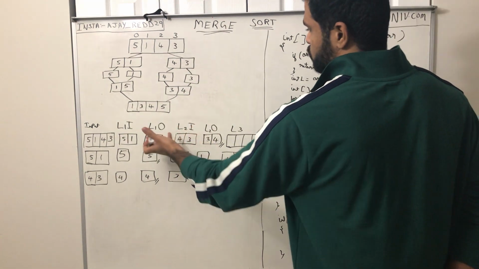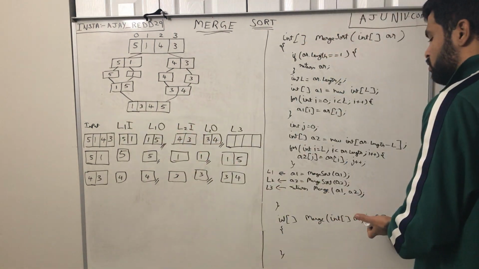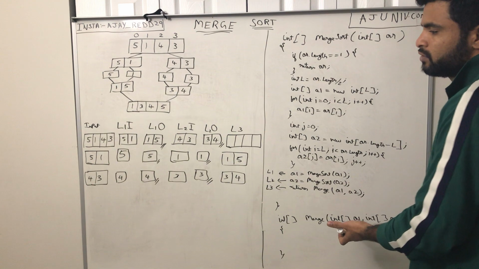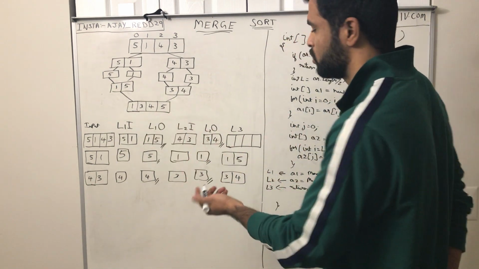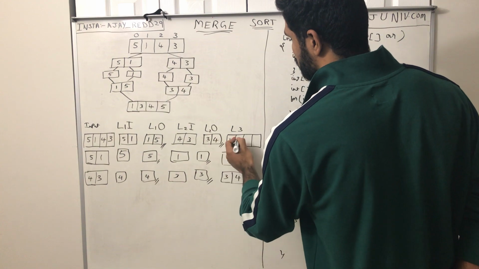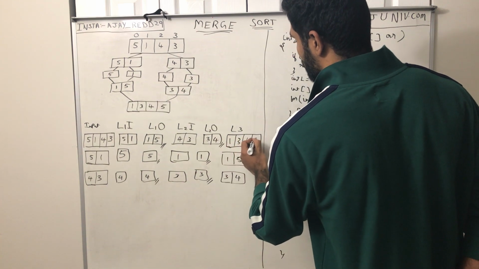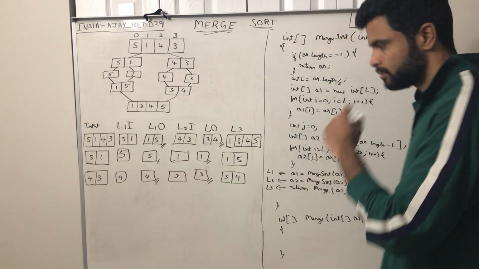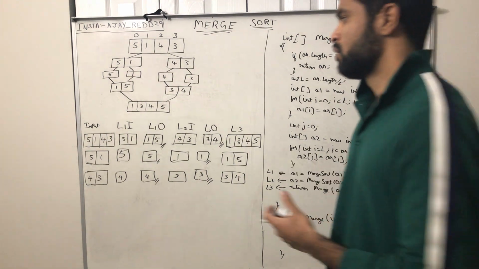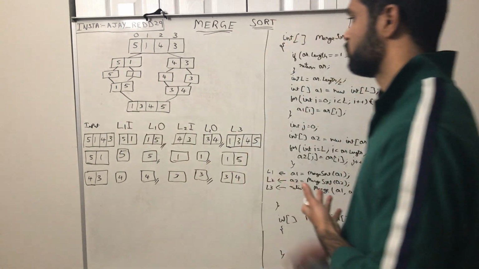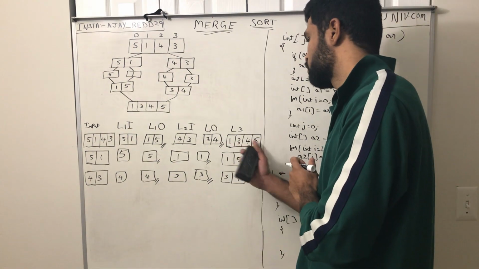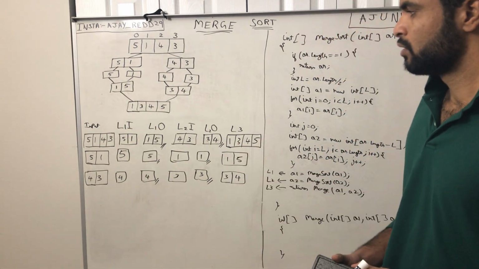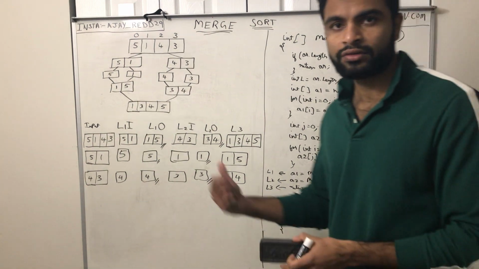So I'll pass those two sorted subarrays to the merge function, and this function will return a new array with all these elements in sorted order. That is nothing but 1 3 4 and 5. Okay, that way I will finish the execution of this complete function and I will get the output as 1 3 4 5. Okay, so that's it friends.